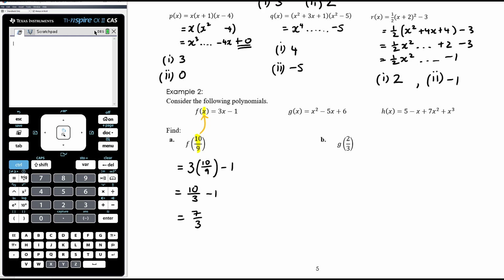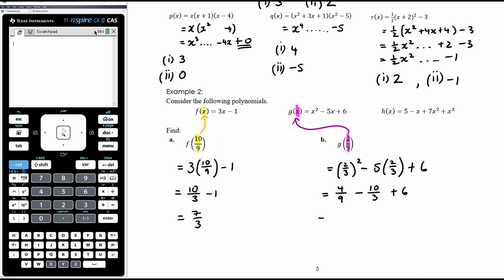Alright, g of 2/3 means we're replacing x with 2/3 in g of x. Okay, so instead of having x squared minus 5x plus 6, we have 2/3 squared minus 5 times 2/3 plus 6. 2/3 squared is 4/9. 5 times 2/3 is 10/3 plus 6.